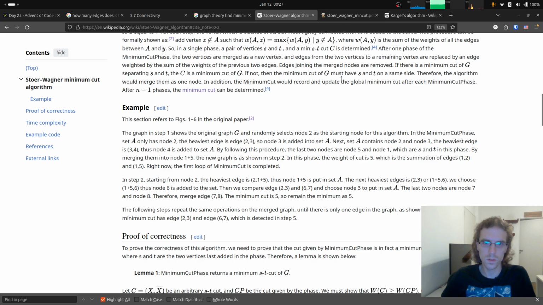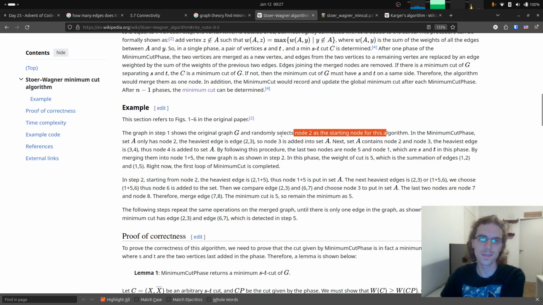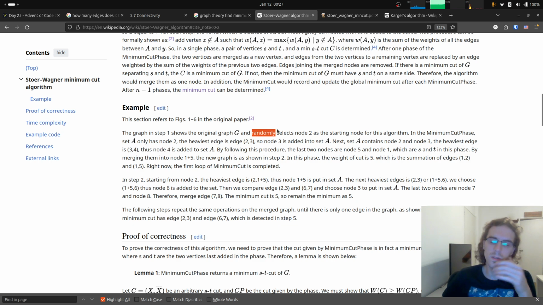Randomly selects node 2 as the starting node. I don't know if this is also a randomized algorithm or if saying random is the same as saying, okay, pick any, you can pick the first and it will be nice. Select node 2 as the starting node for this algorithm.